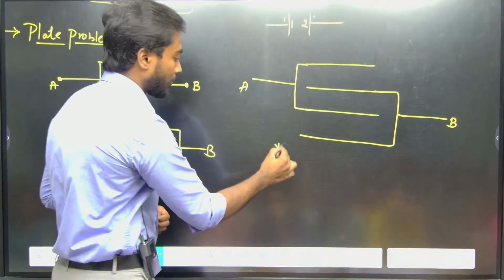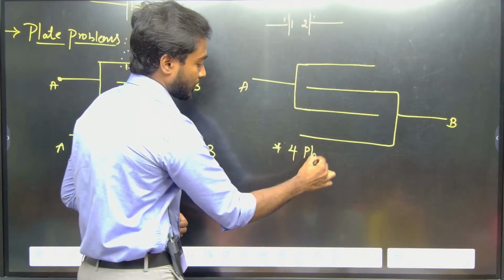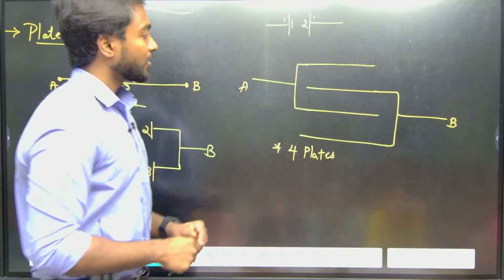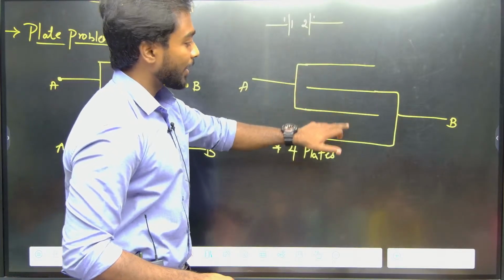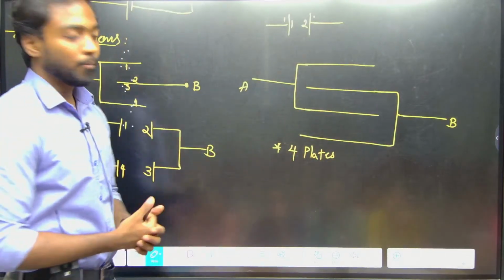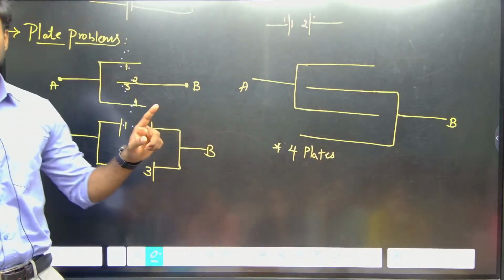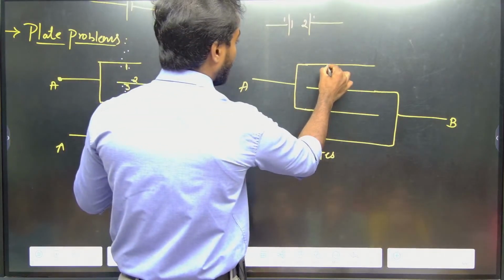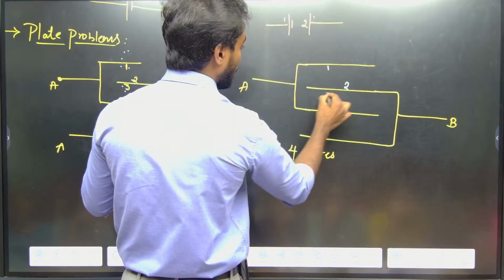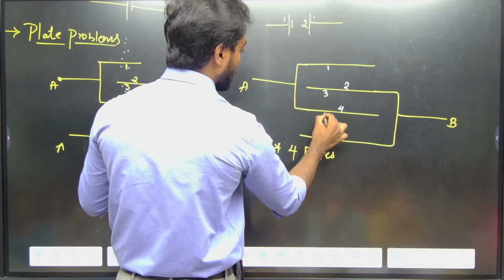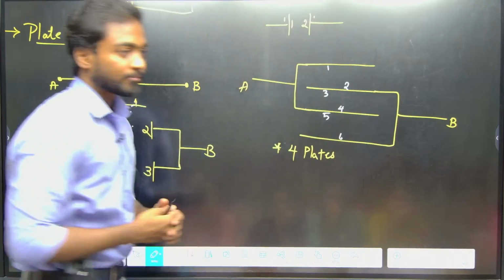First point. Okay. How many surfaces are there? 1, 2, 3, 4, 5, 6. Right now? So can I mark like this? I need to ignore the outer surfaces. So if I ignore the outer surface, this is my 1, 2, 3, 4, 5, 6.